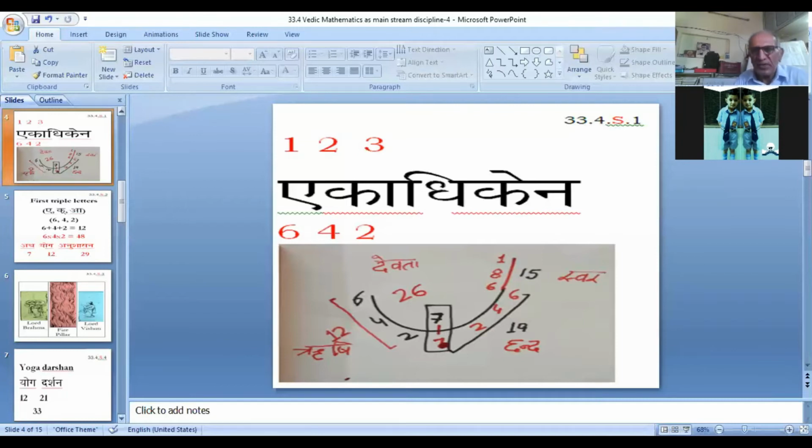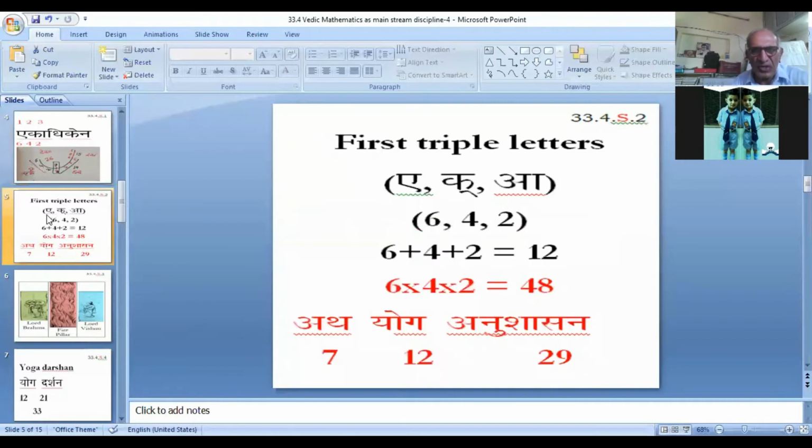Therefore, it is this feature of unification, it is this feature of transcendence. This is the phenomenon as the first triple letters with values 6, 4 and 2 are of summation value 12. Therefore, the number 12 as TCV value is going to be the first basic feature of the organization.